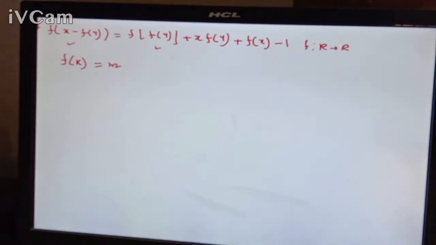Now, if we substitute y by k and x by m, then what can we get?